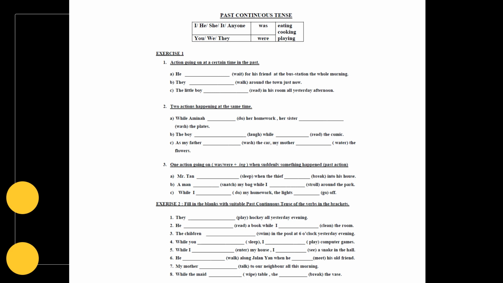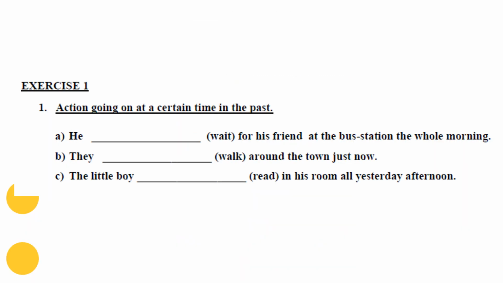Alright, once you have finished, then you have to take a look at the next piece of paper. Alright, so this piece of paper, you can see exercise 1 and exercise 2. I won't give you answers to these exercises.